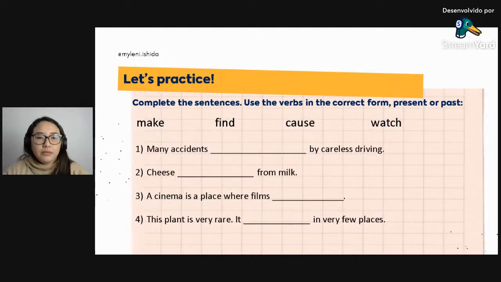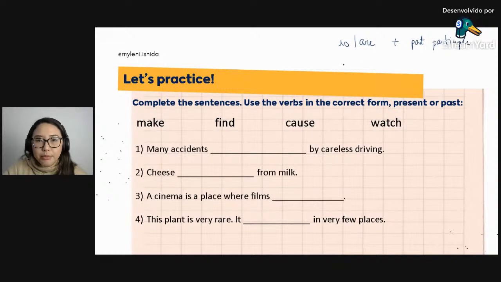Let's practice. Here I have: complete the sentences, use the verbs in the correct form. Look, I don't want to push you too hard. We are not going to use the present perfect or past perfect. Keep to present or past. I'm going to put the structure here so it will be easier for you. The passive voice in the present, what do we have to do? Is or are plus the past participle.